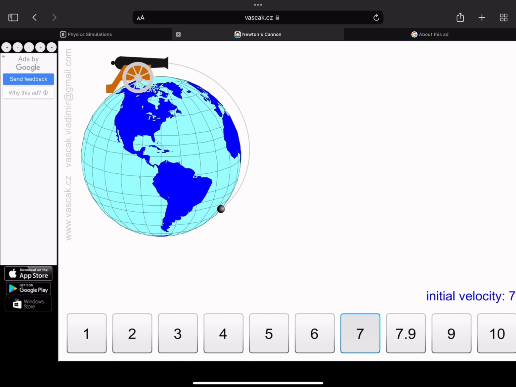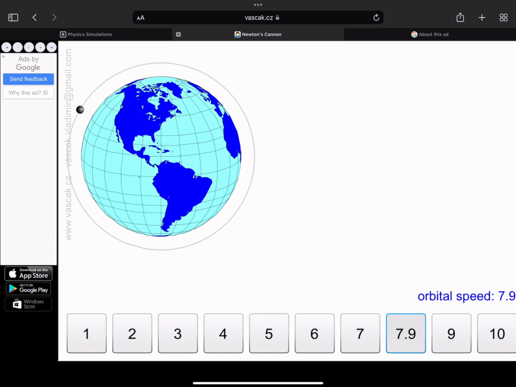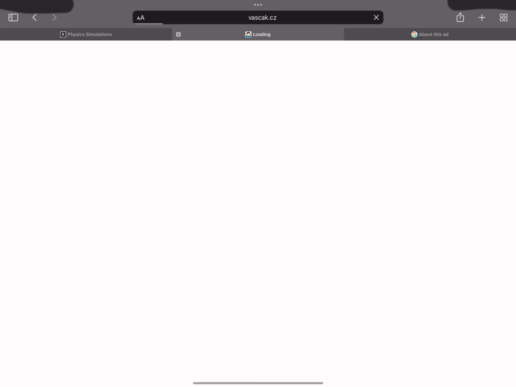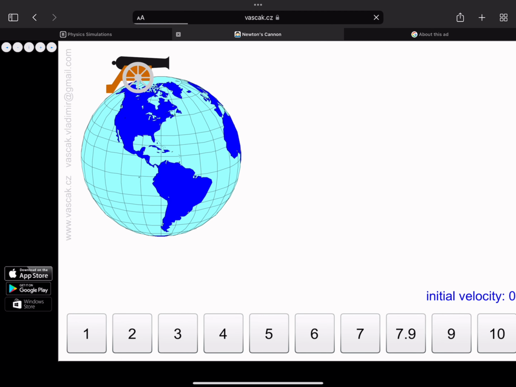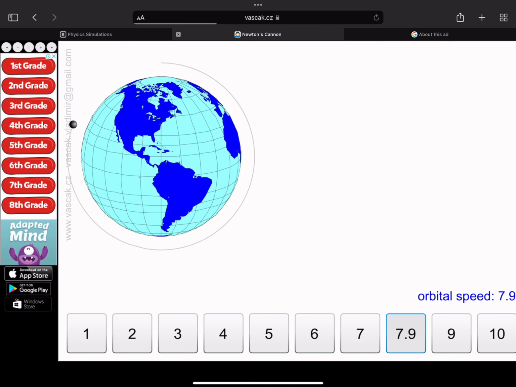Even at 7 it is not orbiting, but when you provide a velocity of 7.9, it will start orbiting the earth. So this 7.9 is the required velocity which we have to impart to a satellite if we want to move it around the earth.